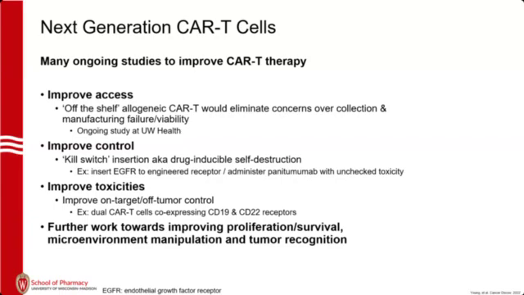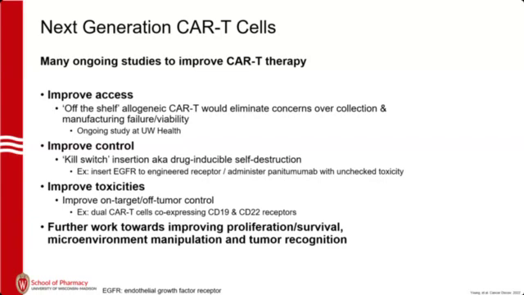A good example of that is inserting an EGFR target into that CAR. And then if grade 4 CRS is coming along and your patient's circling the drain, you could just administer something against EGFR. It'll cleave off that CAR receptor and it'll inactivate those T cells.